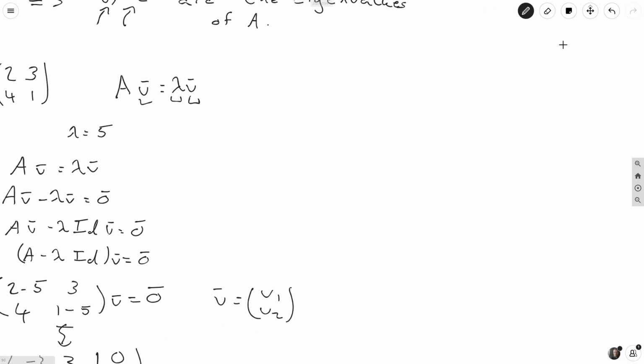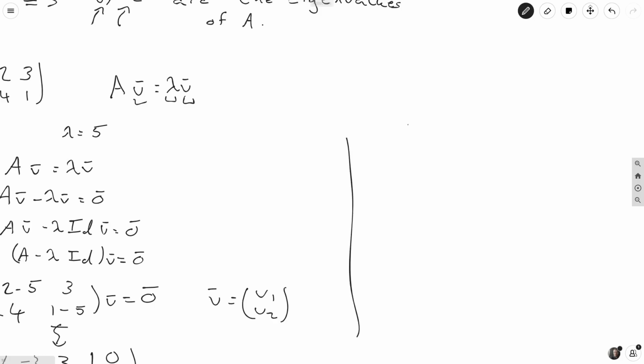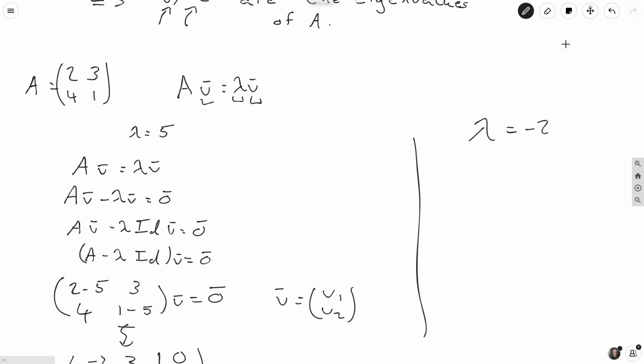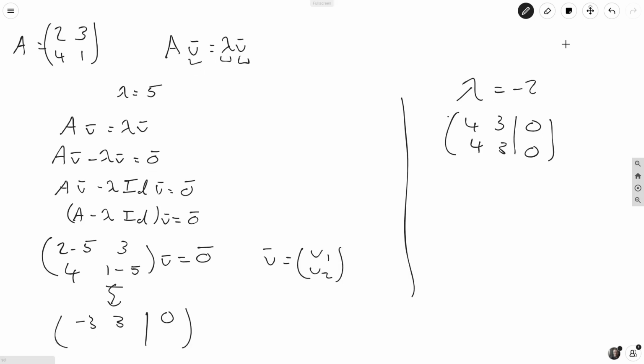Now remember, we had another choice of lambda as well. We had lambda equals minus 2. So let's go over here and solve that quickly. Lambda is equal to minus 2, and just jumping straight to the kind of problem we're trying to solve, we have to subtract off minus 2 from the diagonal. So this becomes 4, 3, 4, 3, because remember, subtracting off minus 2 is adding 2.